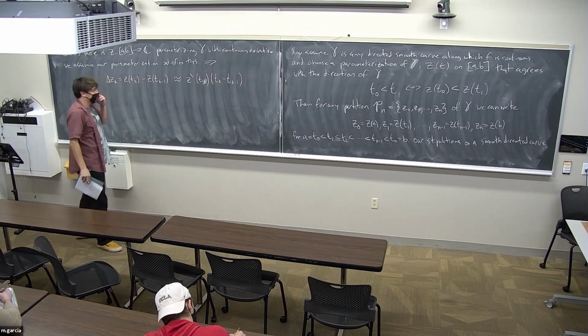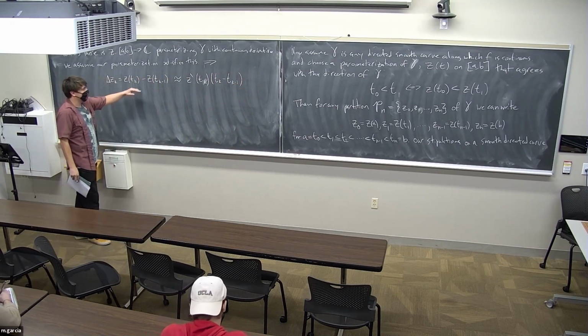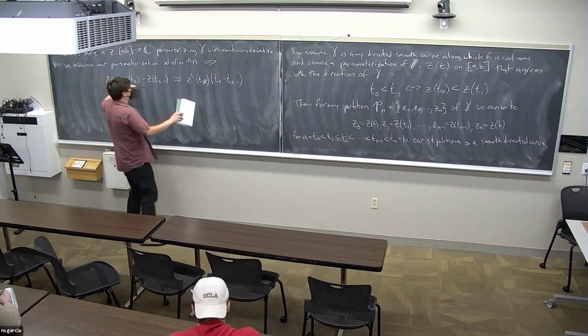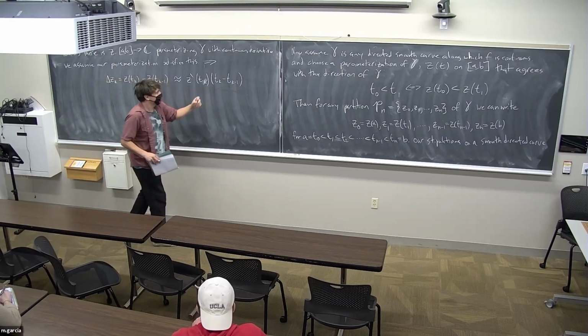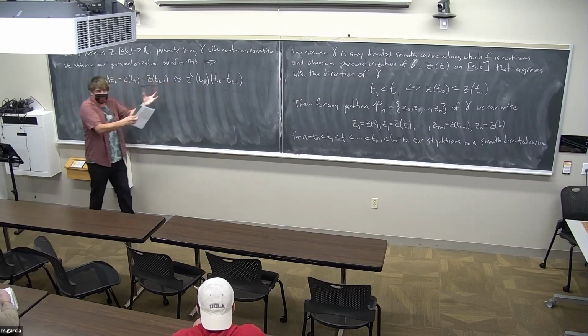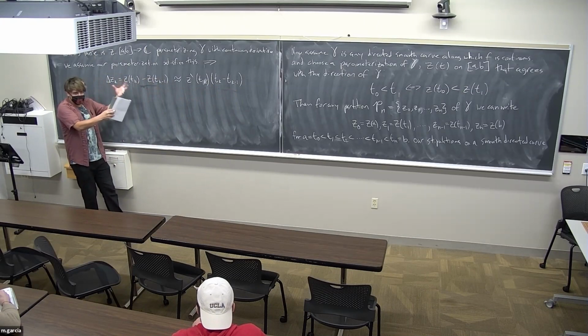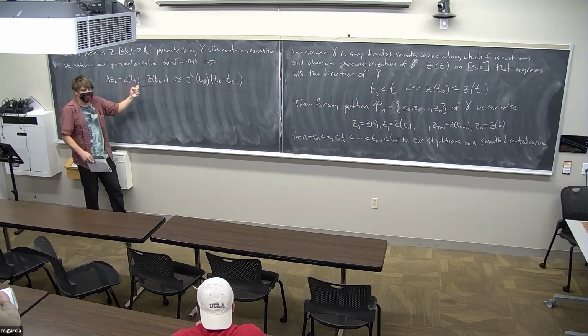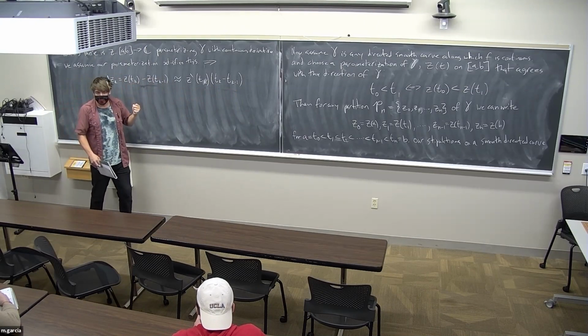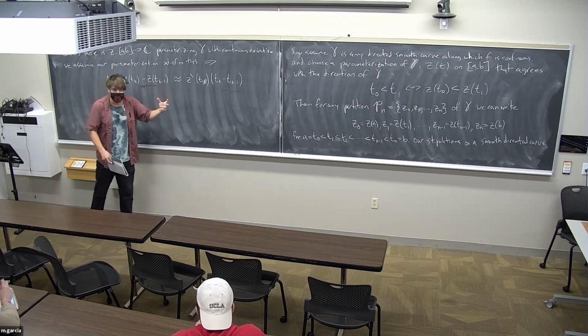Right? This is to say, when I take the limit of the ratio of this by this, I get the derivative, but I can approximate it by just looking at the actual differences at this finite step, t k to t k minus 1, or t k minus 1 to t k.